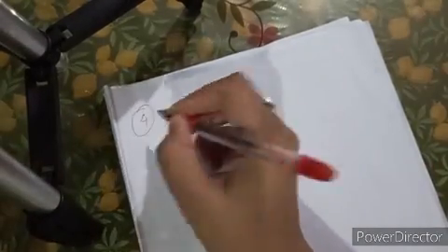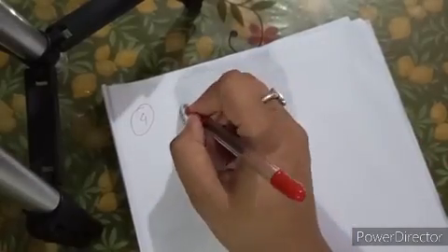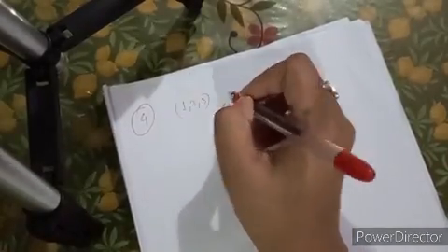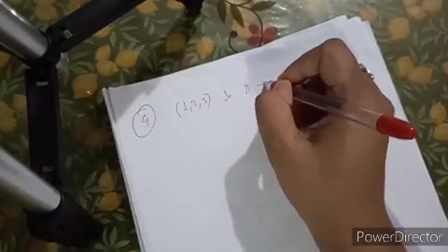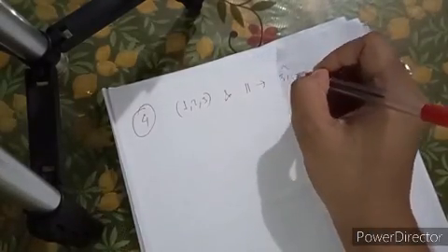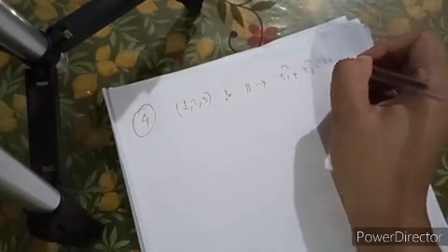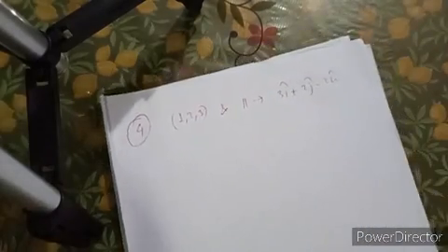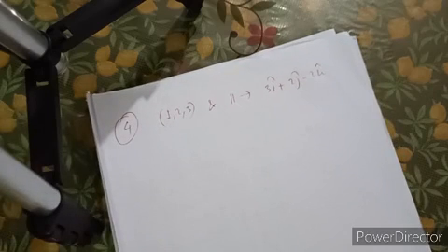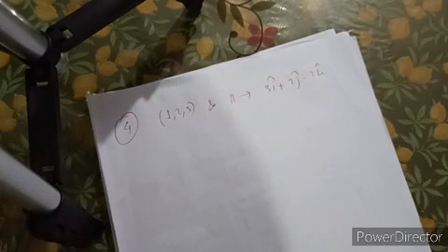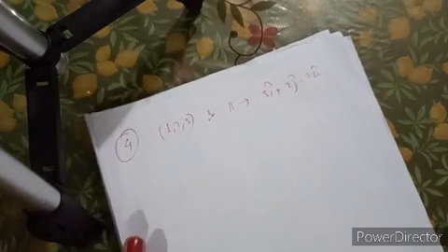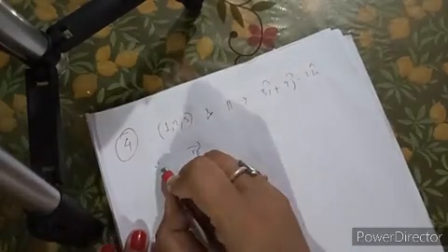Next, question number 4. Find the equation of the line which is passing through this coordinate and is parallel to the line 3i cap plus 2j cap minus 2k cap. So this topic is the equation of a line passing through a given point and parallel to a given vector, isn't it? What is the formula in vector form?